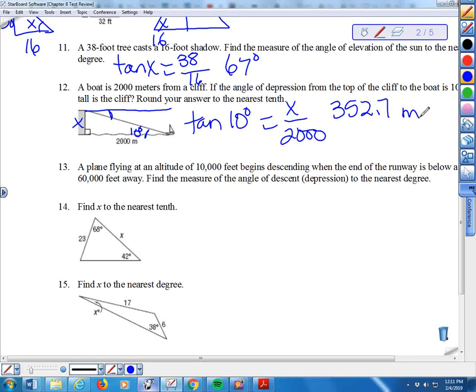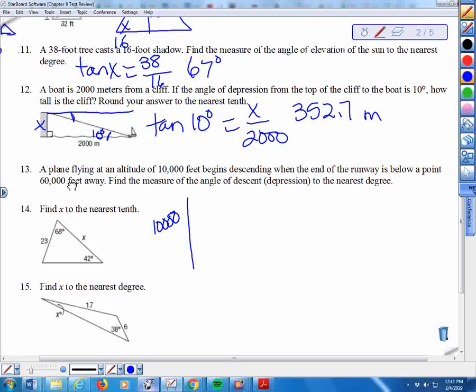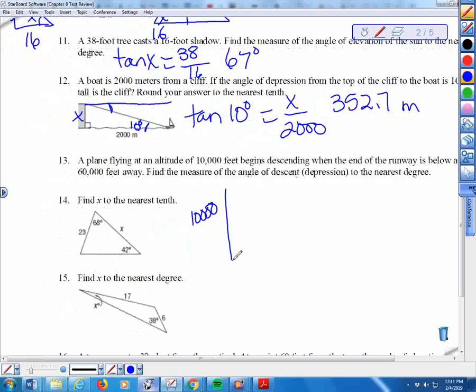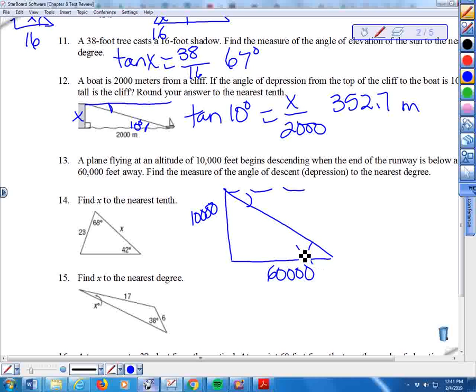Okay, a plane flying at an altitude of 10,000 feet, so this is 10,000, begins descending when the end of the runway is below a point 60,000 feet away. Find the measure of the angle of descent or depression. Well, that's this angle, so it's equal to this one.